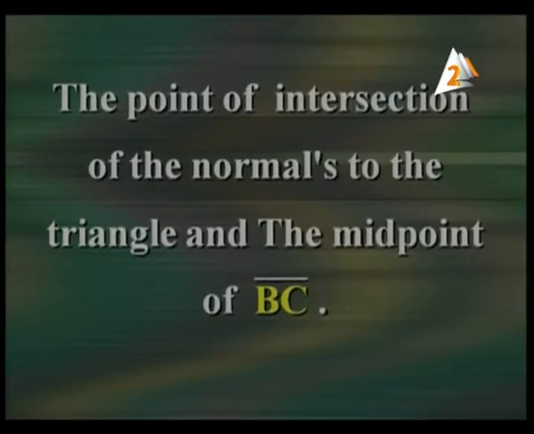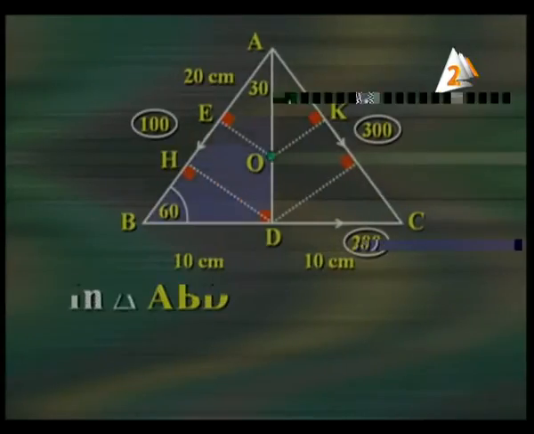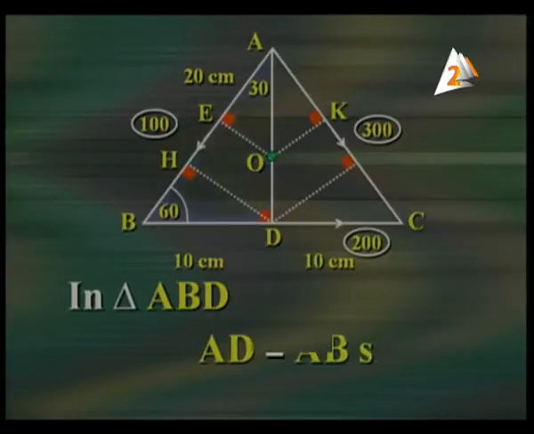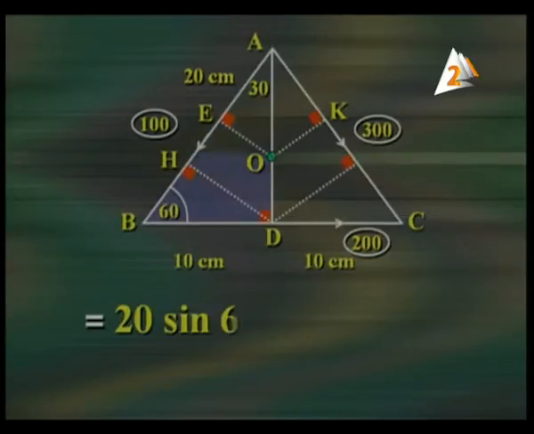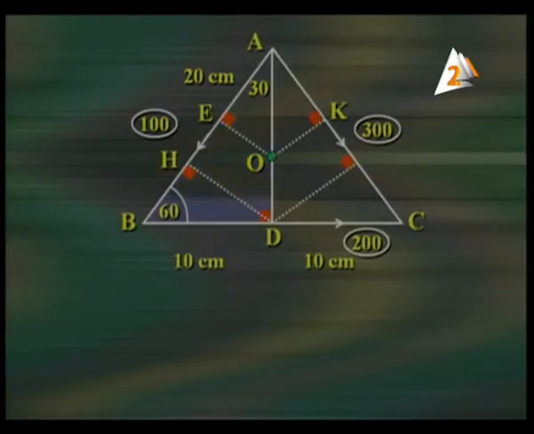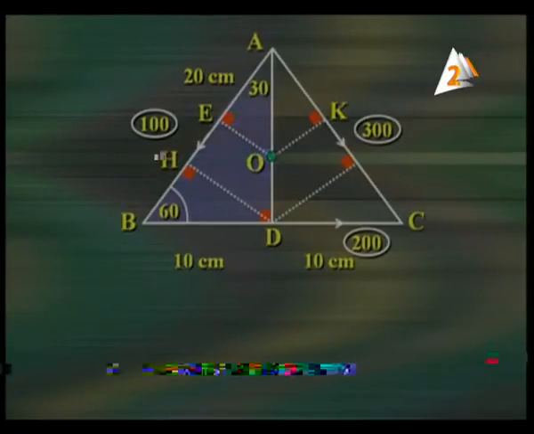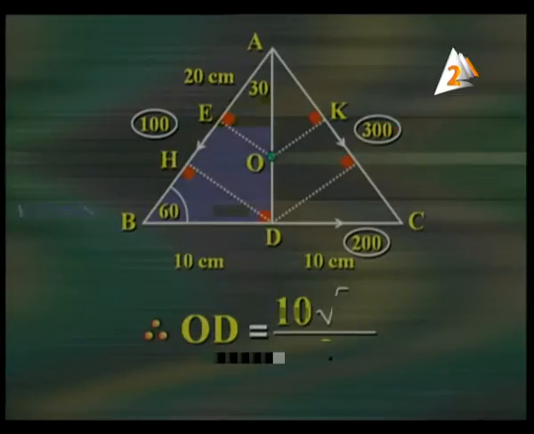Now we say in triangle ABD, since AD equals AB sine 60, or 20 sine 60, which is equal to 10 root 3 centimeter. So, OD equals 10 root 3 divided by 3 centimeter.